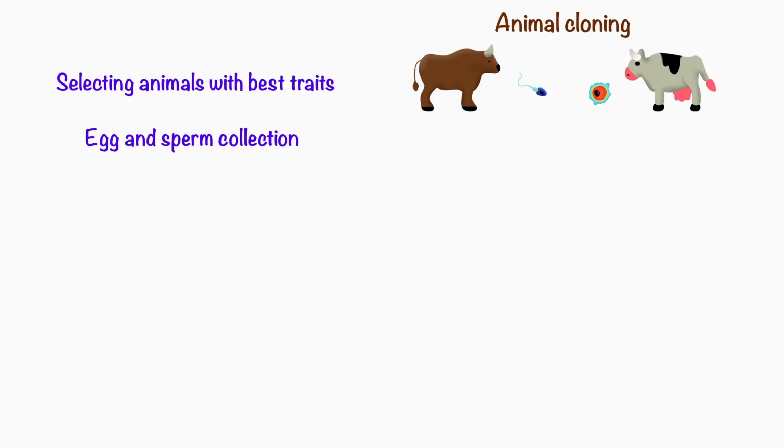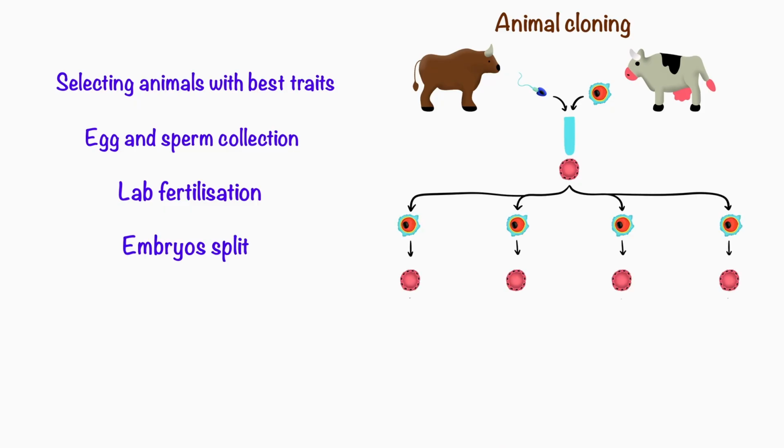This technique begins with collecting sperm from a prize bull and eggs from an elite cow. The eggs are fertilized artificially in laboratory conditions, creating embryos with superior genetics. Each embryo is then split multiple times whilst cells remain unspecialized, creating numerous identical embryos.